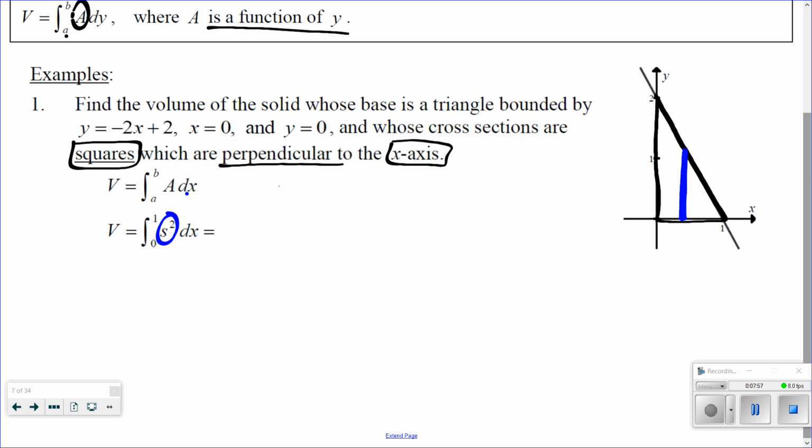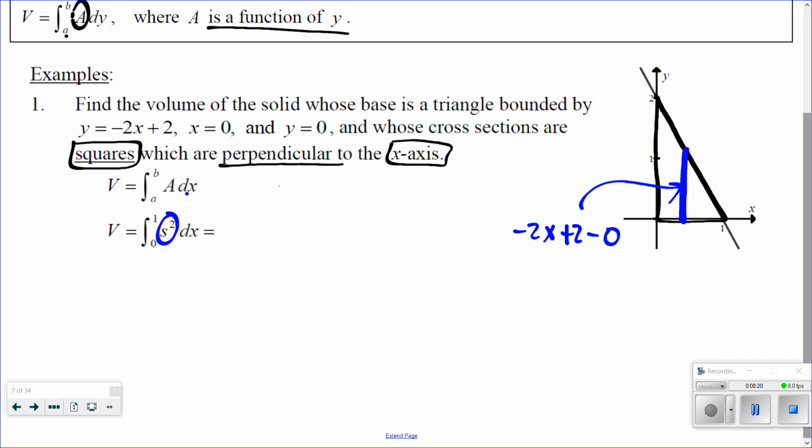Well, whenever you have a cross section between two functions, you can always just take the top function minus the bottom function. So to find the length of that side of the square, I'm going to take the top section, which is negative 2x plus 2, minus the bottom section, which is 0.